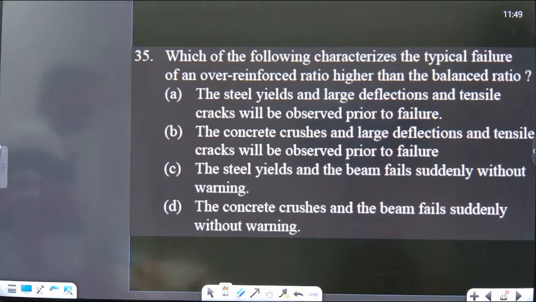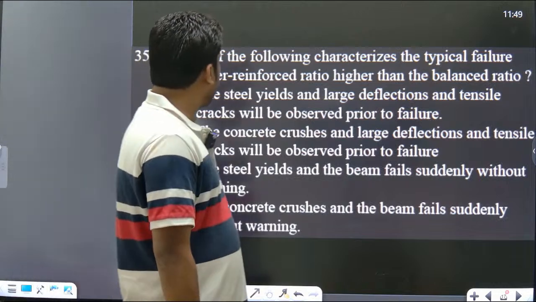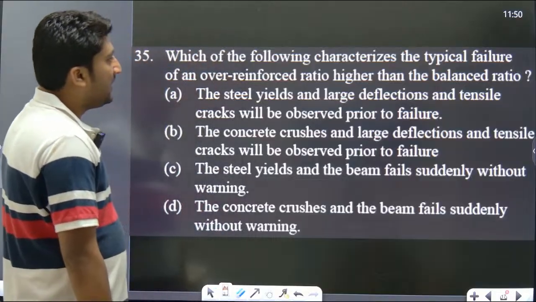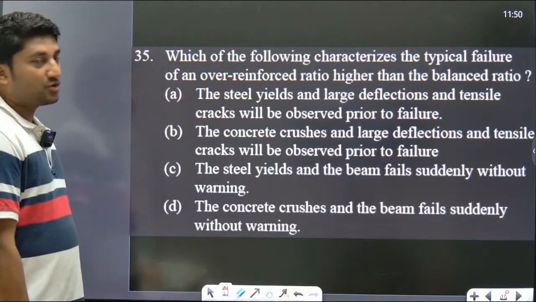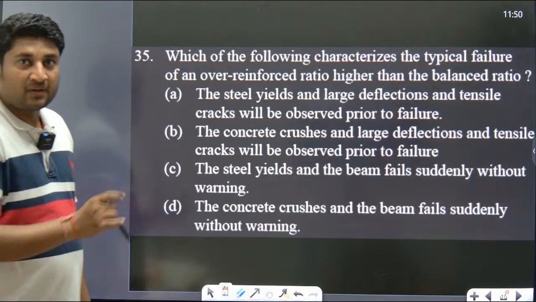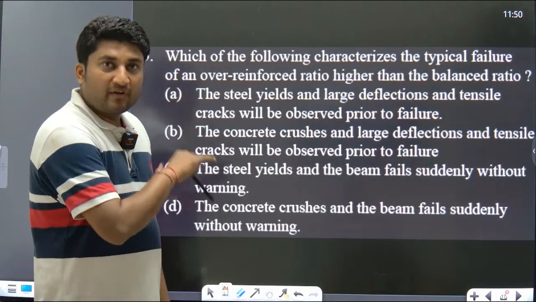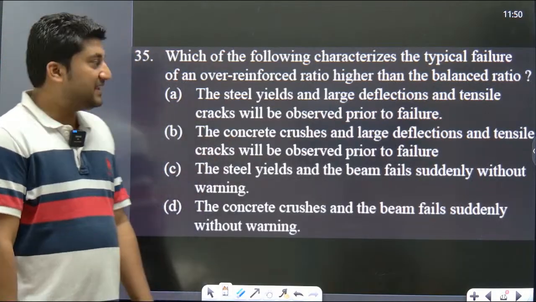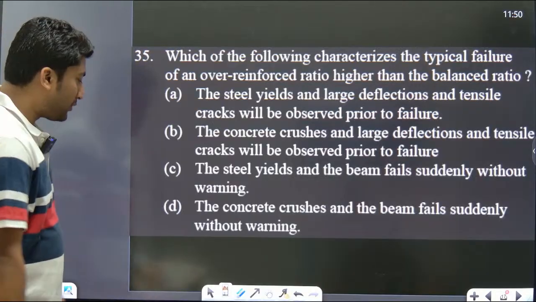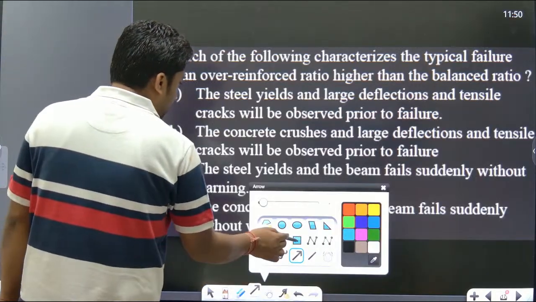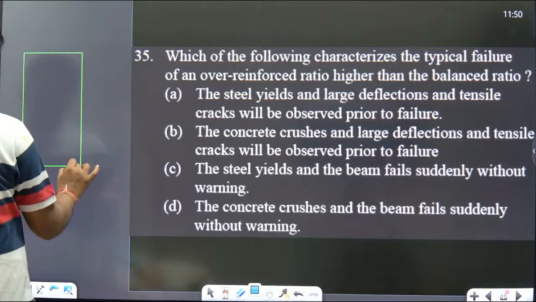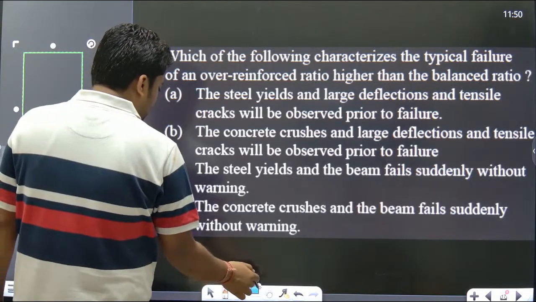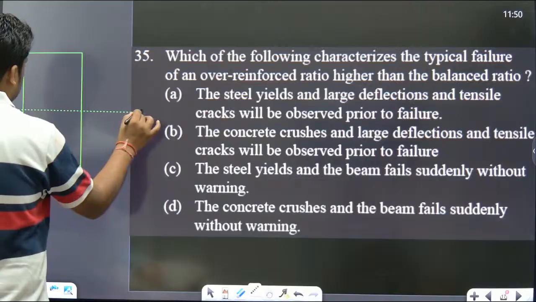Now you can see which of the following characterizes the typical failure of over reinforced ratio higher than the balanced ratio. You need to compare this failure of over reinforced as compared to the balanced section. In an over reinforced section, we provide steel more than the balanced section. Hence the neutral axis shifts downward.